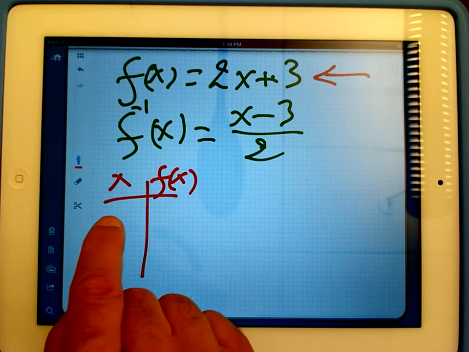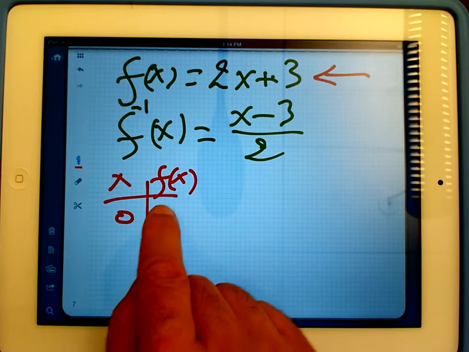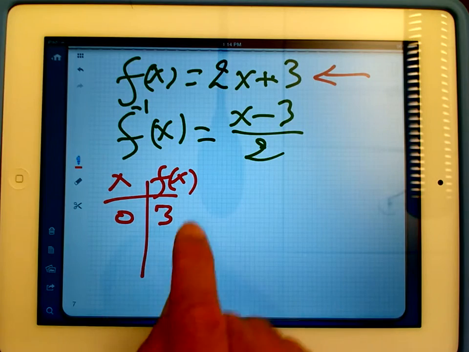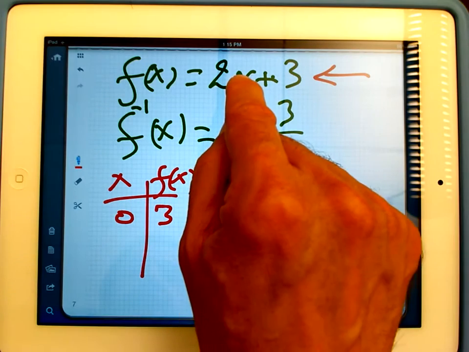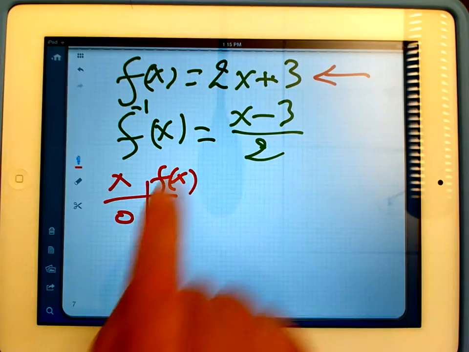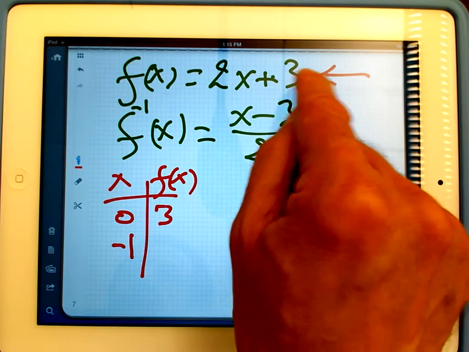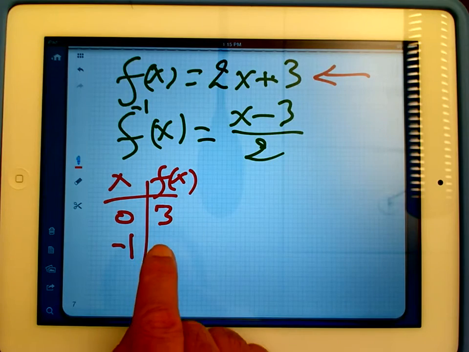When x is equal to 0, 0 times 2 is 0, plus 3 gives us 3. If x is equal to negative 1, then negative 1 times 2 is negative 2, plus 3 gives us positive 1.